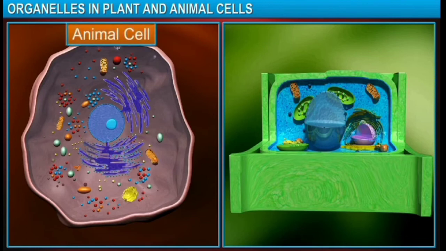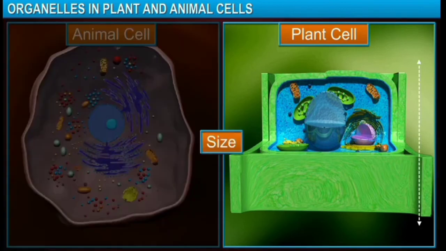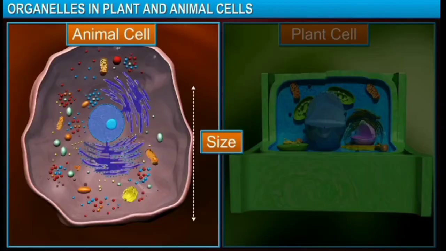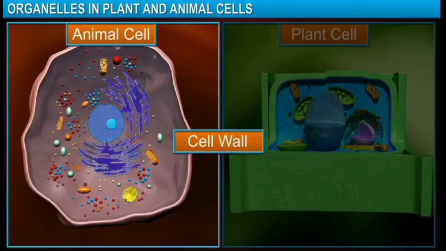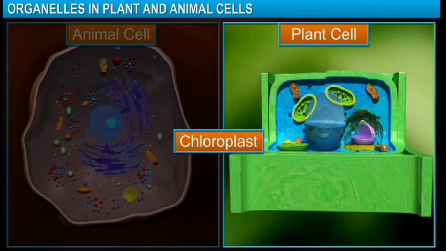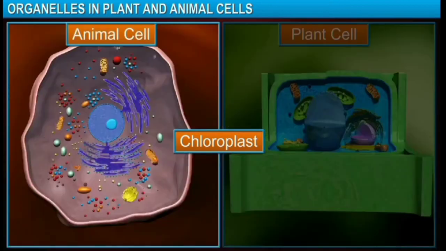Here is the animal cell and the plant cell. Let us spot the difference between these two cells. Plant cells are larger in size compared to animal cells. Plant cells have a cell wall, but animal cells do not. Plant cells have chloroplasts, but animal cells do not.